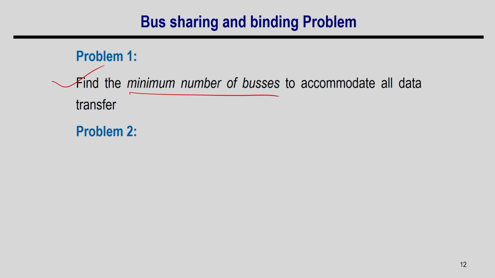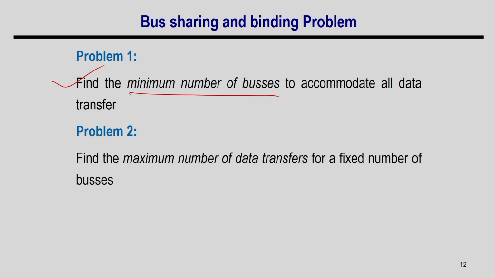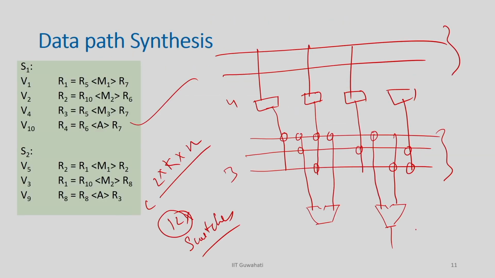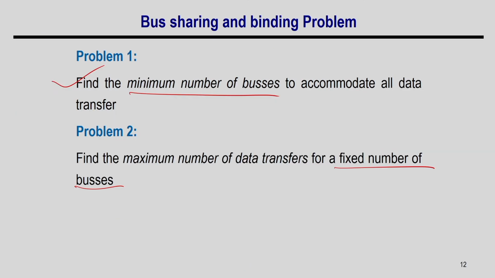That is problem 1, and you can have another problem, where you are given a fixed number of buses. Say somebody tells you that there are 4 buses at the input of the FUs. Then your objective could be that for each bus you try to put the maximum number of data transfers.